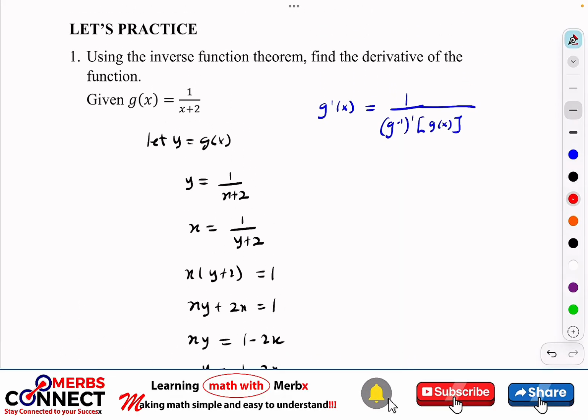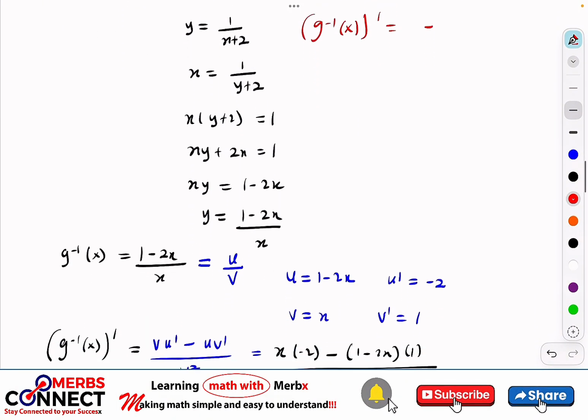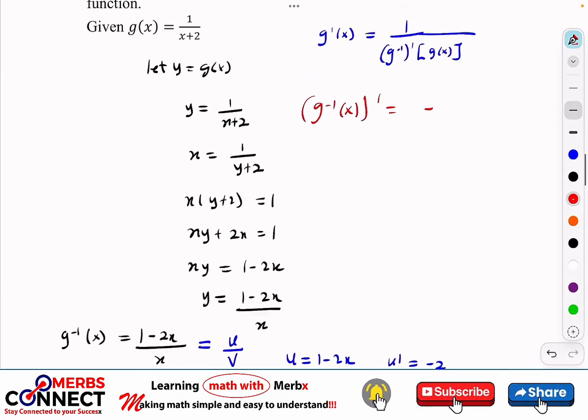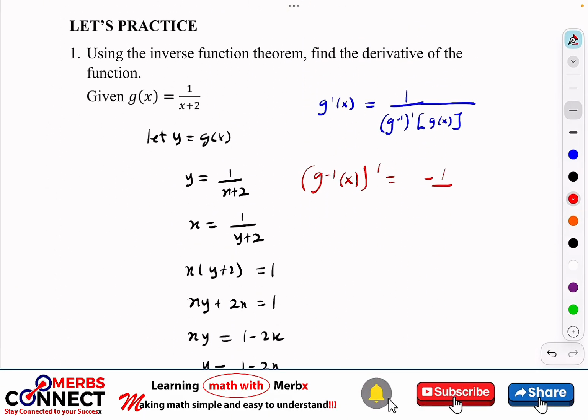All right. So now that we have g inverse prime, let me put it here. We have gotten g inverse prime of x to be equal to minus 1 over x squared. Great. Nice. So looking at the denominator here, we just need to make sure that we plug in x by g of x.